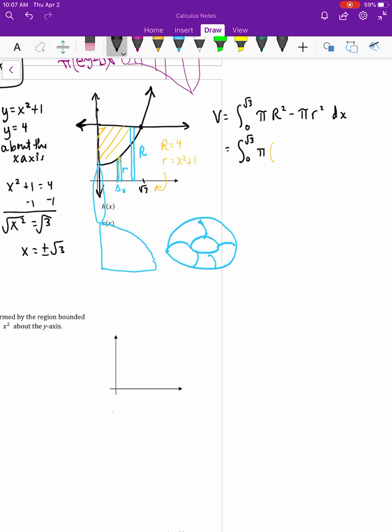So this is going to be pi times 4 squared minus pi times x squared plus 1 squared dx. I can factor my pi out, and this would be 16 minus x to the 4th plus 2x squared plus 1 dx.